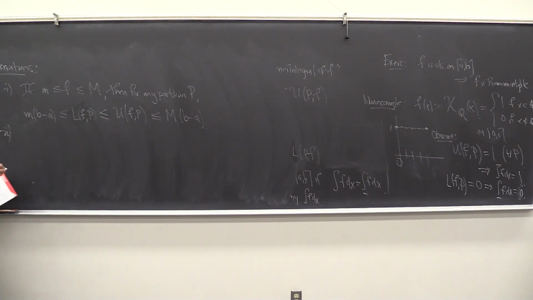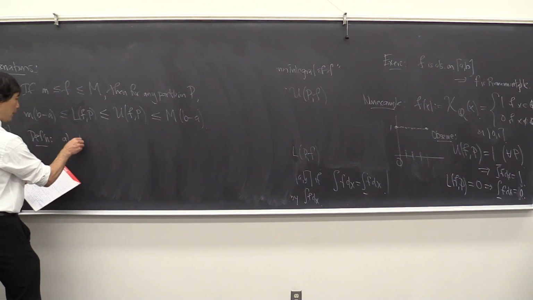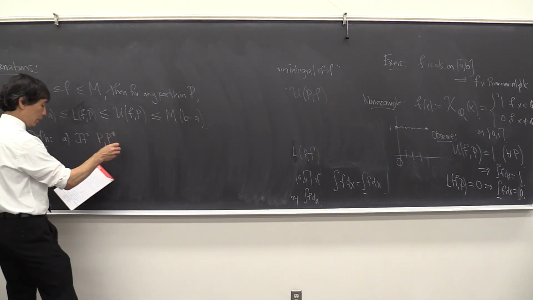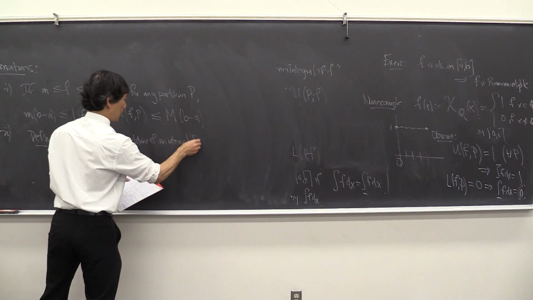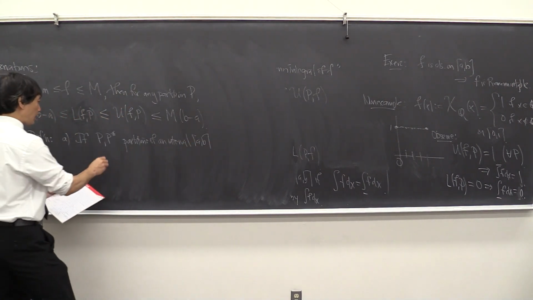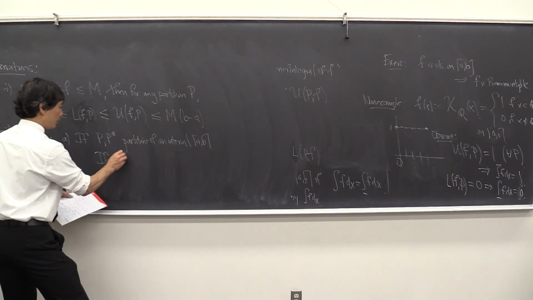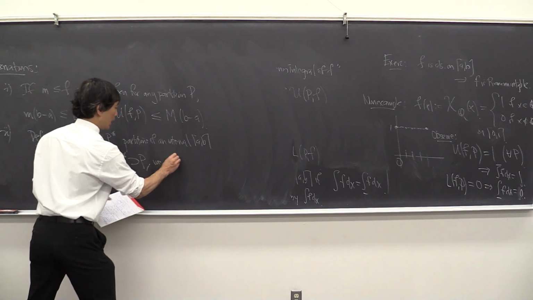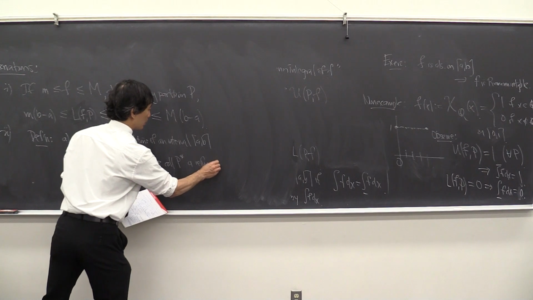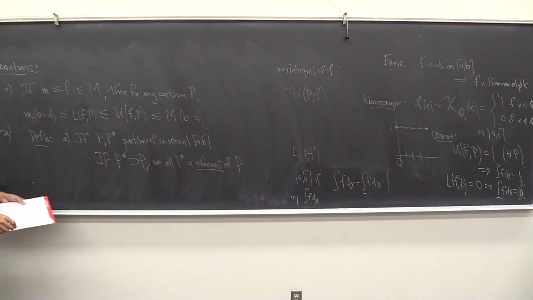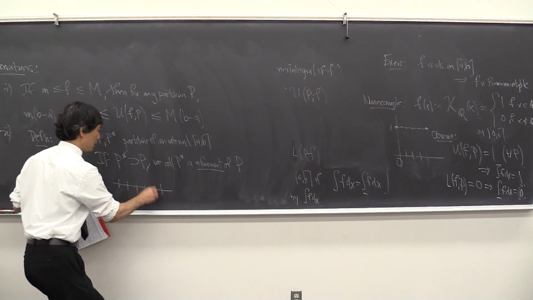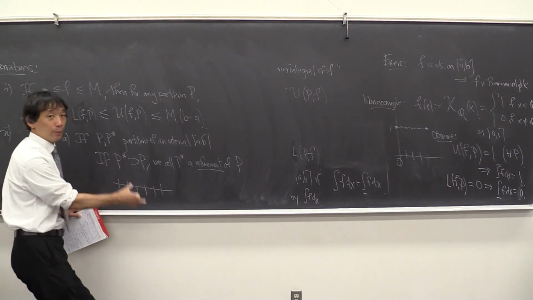Second observation requires me to define something first. So first definition is if you have P and P prime that are both partitions of an interval [a, b], and if P prime contains P, we call P prime a refinement of P. Okay, it just means that you have one partition and then the other one has all those points and more, right?